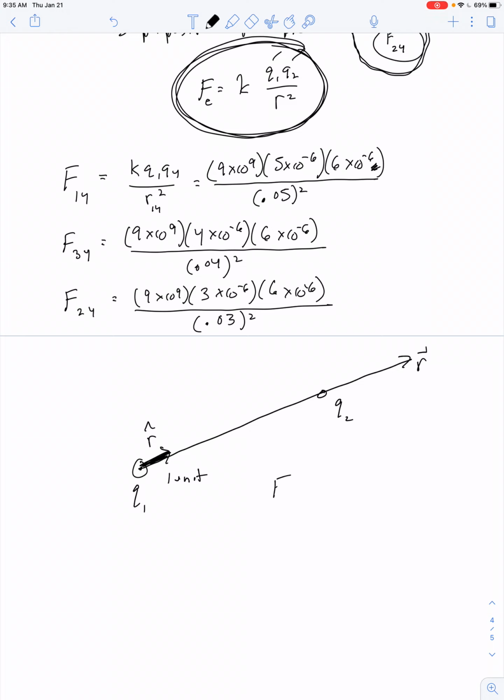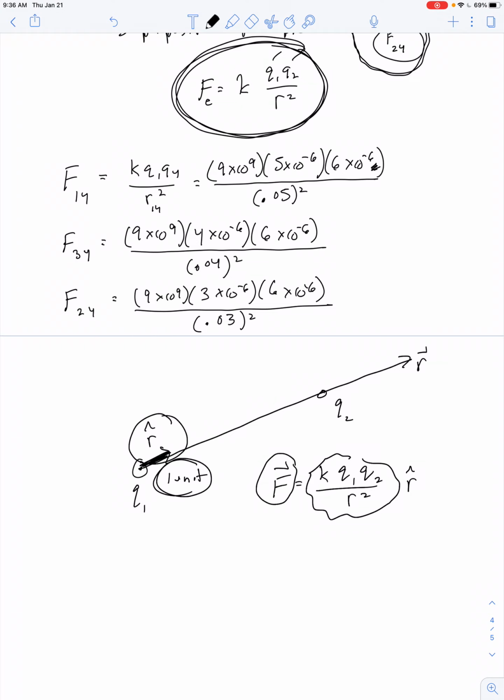So truthfully, force is a vector quantity. So if I were to multiply the scalar quantity k times the scalar quantity of charge 1 times the scalar quantity of charge 2 divided by distance squared, which is also a scalar, then this equation doesn't seem to be in agreement. We've got a vector on the left side of the equation and all scalars on the right side of the equation. But if I multiply this times r hat, I haven't changed the value of my result because r hat has magnitude of 1.